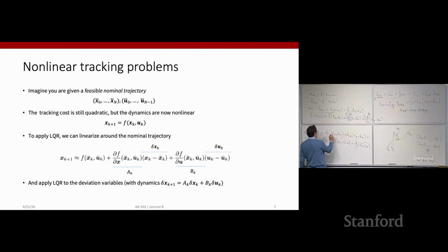So these two terms cancel out. We define, as before, the deviation variable as x_k minus x bar k. So this is the deviation variable for x of k plus 1. This is the deviation variable for u. This is the deviation variable for x.